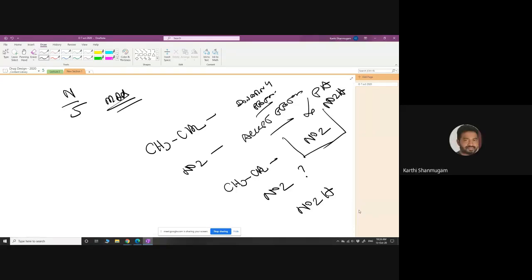You are saying that NO2 accepts proton. In general chemistry, proton is H plus. If some atom or molecule accepts proton, it should go and add to that group. Do you say that NO2 can add H plus to it? Sir, I'm telling like NO bond H may be formed.